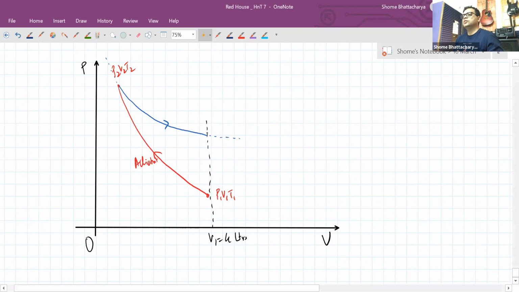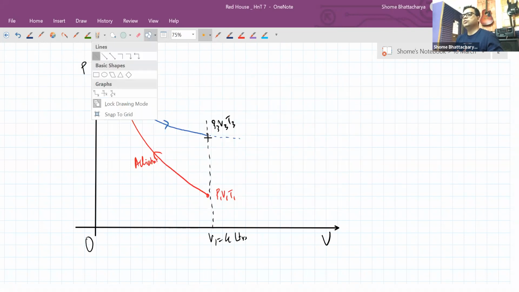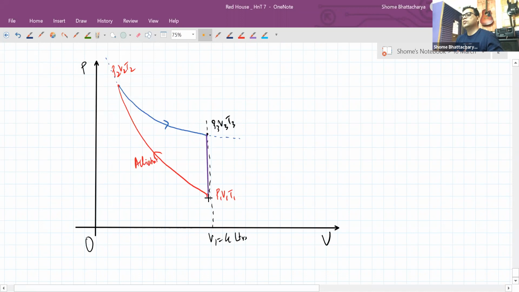So this is your point P3, V3, T3, because from there you have to come back isochorically. So you don't have an option but to go through the vertical line now, from here to here.